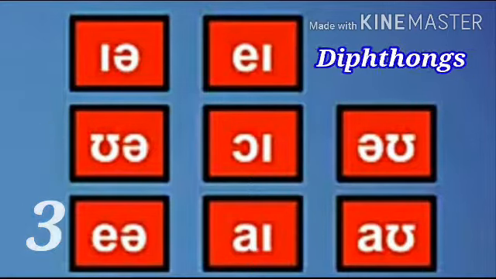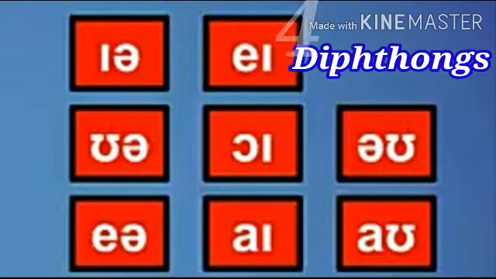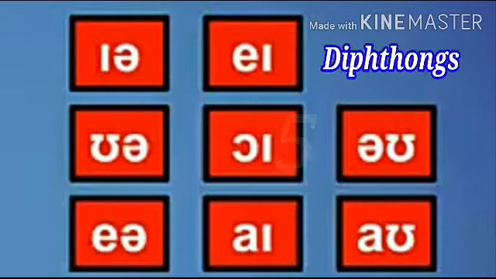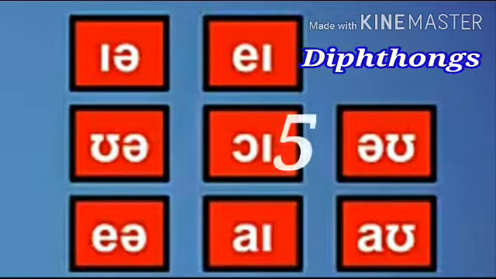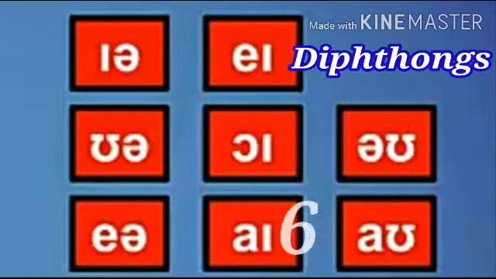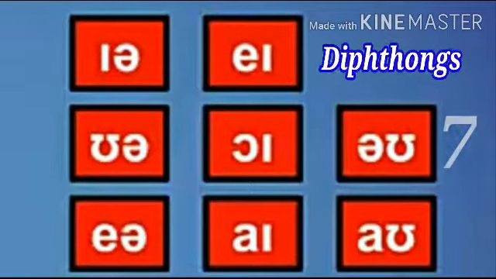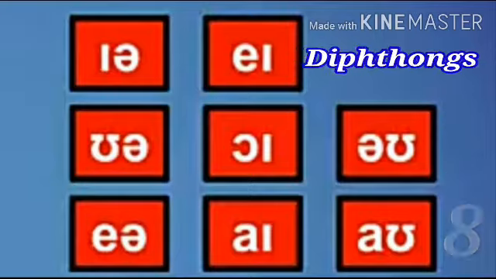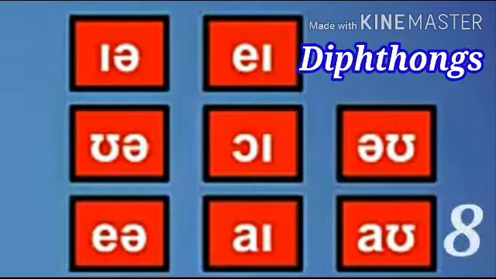The third one is A and air, air. The fourth one is A and E, A. The fifth one is O and E, oi. The sixth one is A and E, I. The seventh one is mute A and U, O. The eighth one is A and U, ow.